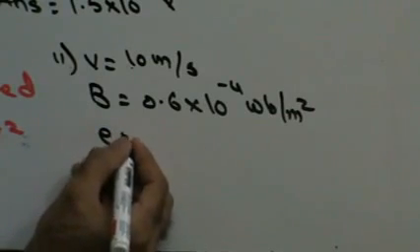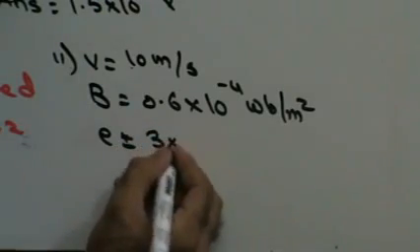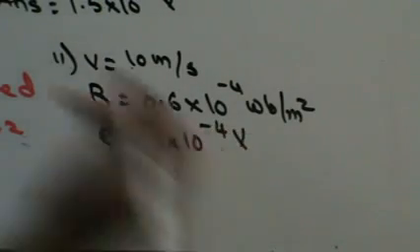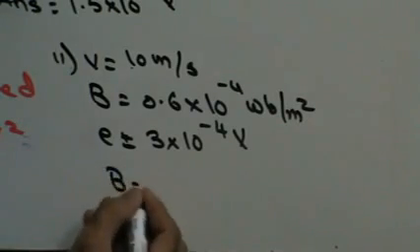The EMF induced in the conductor is 3 into 10 raised to minus 4 volts. Find the length of the conductor.